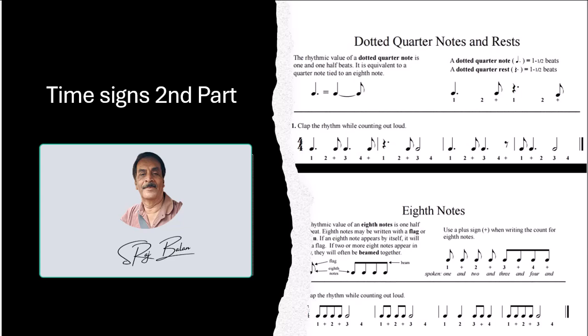Suppose a dot comes. After completing beat 1, the dot borrows half of the note to which it is attached. A crotchet note with a dot by its side will take half a count. That is one portion it will take from beat 1.